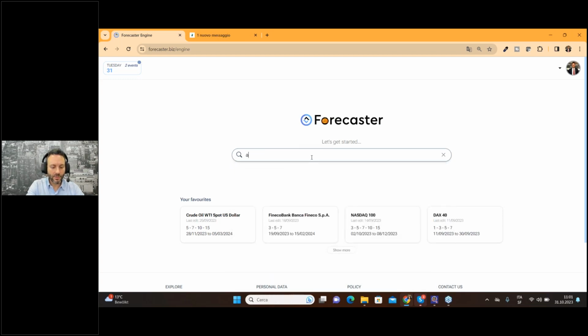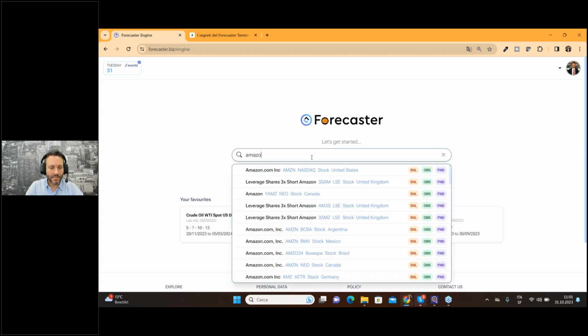So clearly, needless to say, to look up the stock, just type in the name and choose the stock listed on the main exchange. In this case, it is listed on the NASDAQ in America.